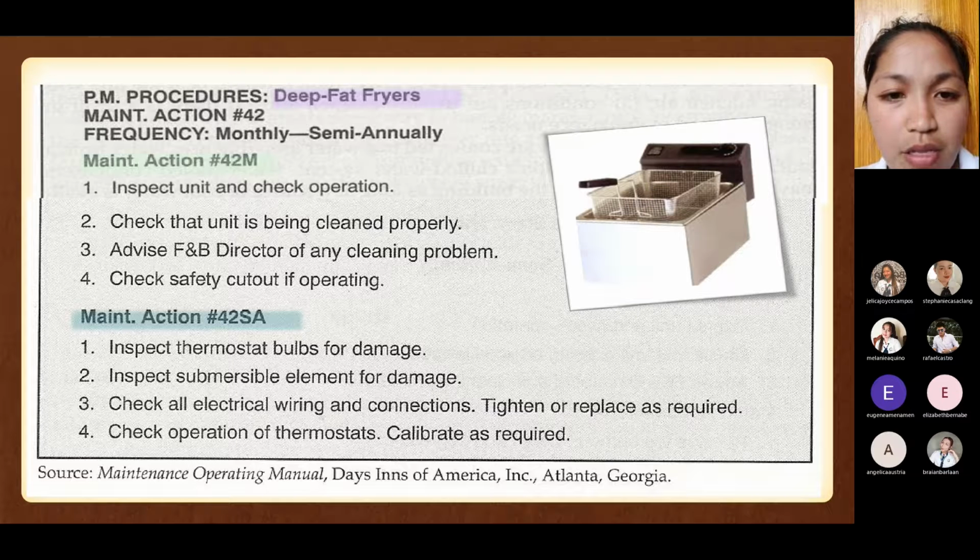Also check safety cutout if operating. Another step, inspect thermostat valve for damage, inspect submersible elements for damage, check all electrical wiring and connection, tighten or replace as required. The last one, number 4, check operation of thermostat, calibrate as required.